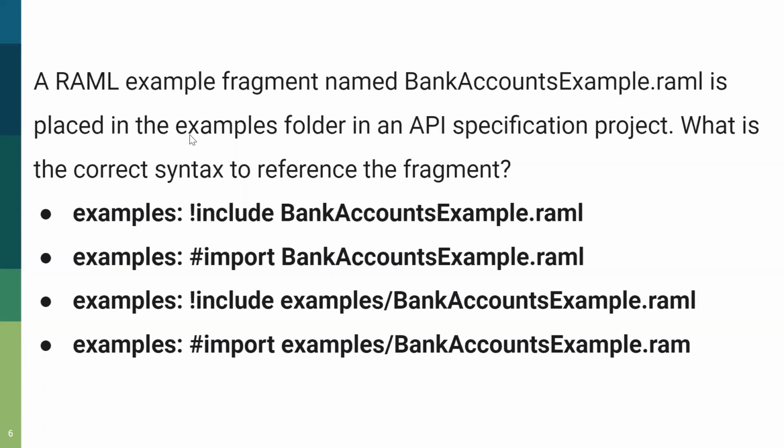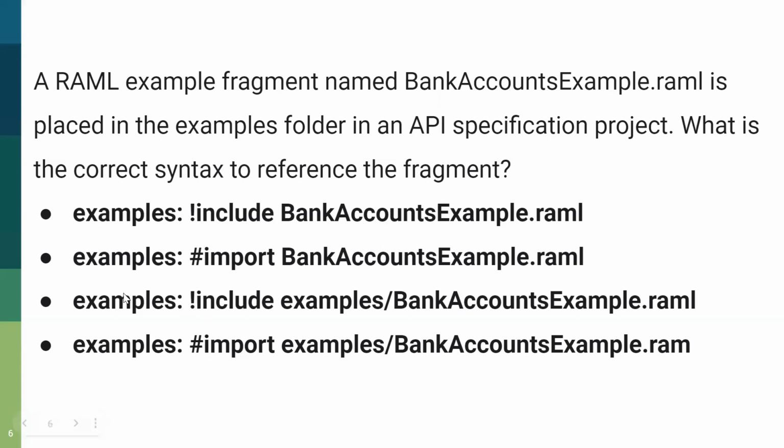So there is a folder called examples in an API specification project. What's the correct syntax to reference the examples fragment? Examples, colon, exclamation, or hash, you see. B and D have hash, whereas A and C have exclamation.